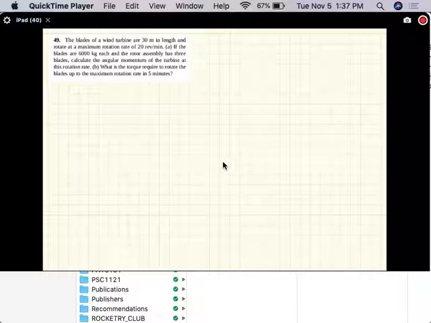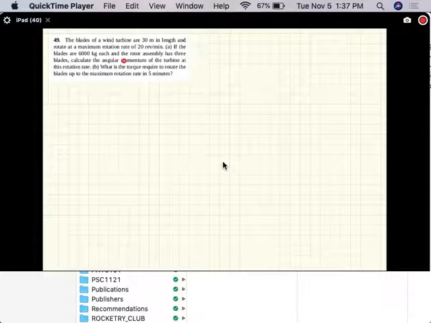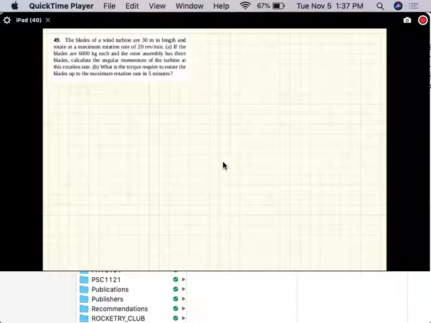Each blade, 30 meters, is like the diagonal length of this room. So each blade is that much and weighs roughly as much as a bus. It has 3 blades. Calculate the angular momentum of the turbine at this rotation rate.